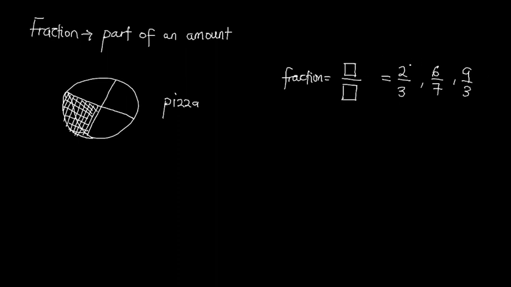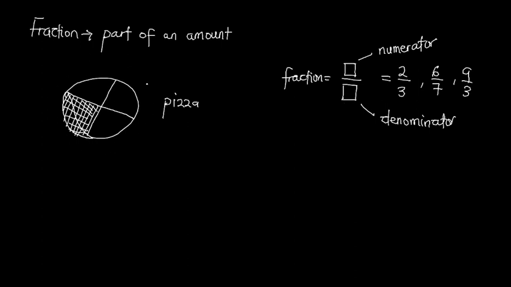Now the number at the top is what we call the numerator. The number at the bottom is what we call the denominator. The denominator is the total number of parts that a particular item or an object has been divided into.